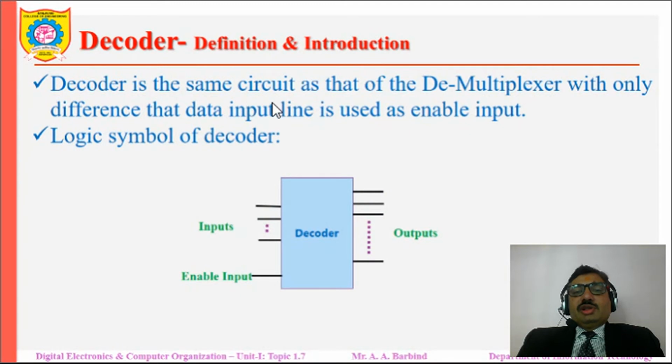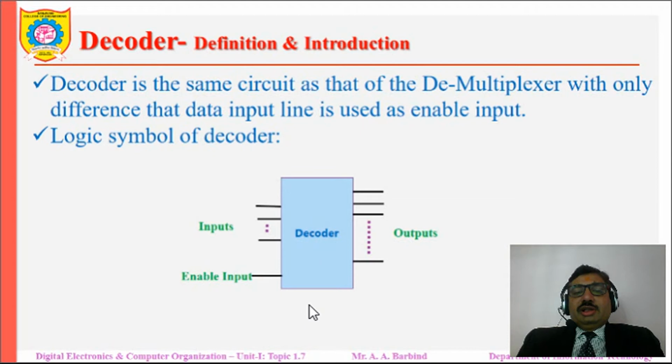Decoder is the same circuit as that of the demultiplexer. So many times decoder and demultiplexers are used in place of the other, or exactly they have the same circuits. Only the thing is that the data input is used as the enable input. So the demultiplexer can be represented as the decoder in this particular fashion.